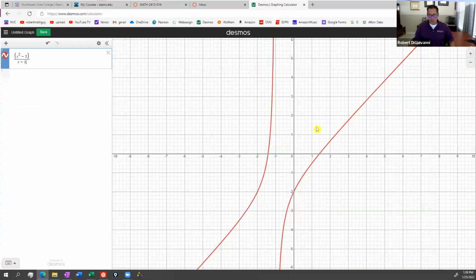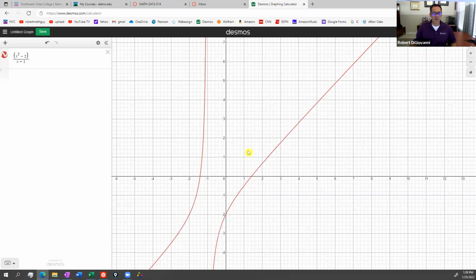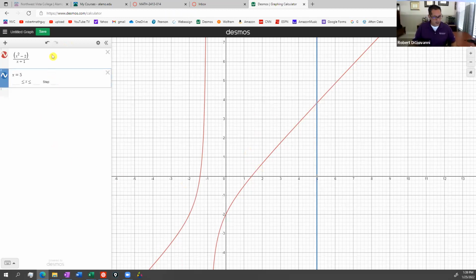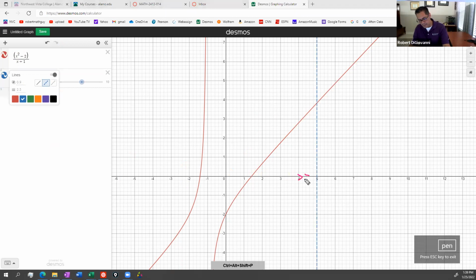And where were we approaching? We were approaching what x value? 5. Okay, so let me just put x equals 5, and I'm going to make it a dotted line so you can see it there. So we were approaching an x value of 5 from the left and from the right. And what was our answer? 23 over 6, something like that.